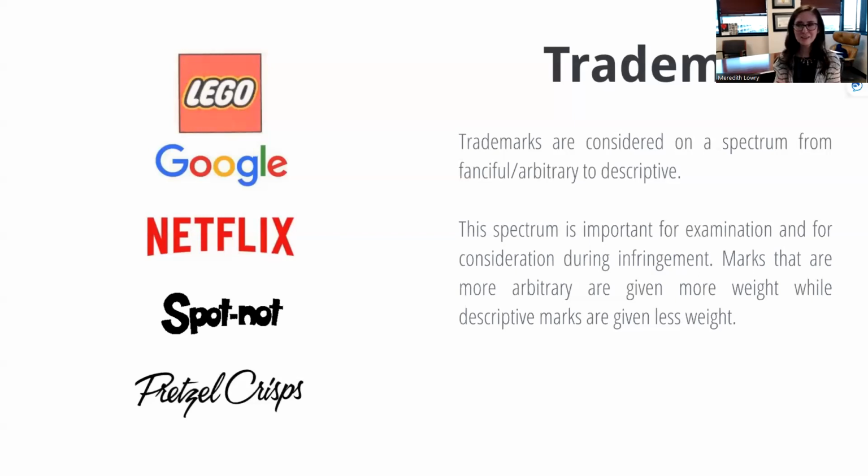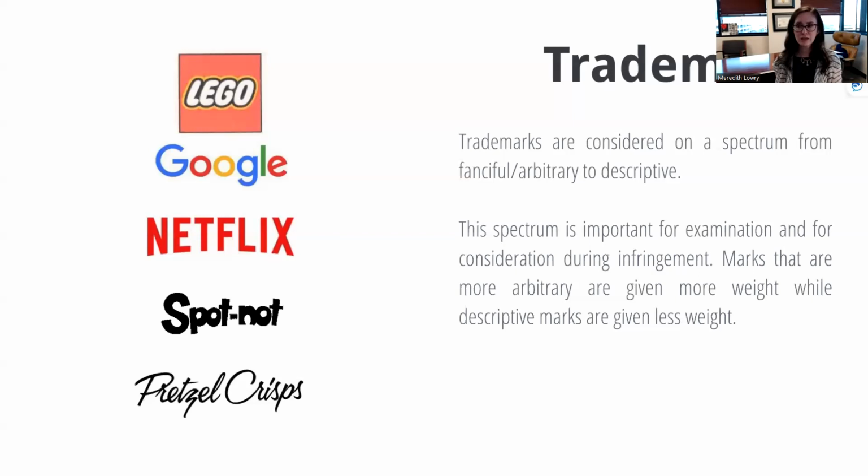But on the other side of things, it's harder to get the descriptive words through. Generic is impossible. The trademark office is going to refuse it. But with the descriptive terms, sometimes the trademark office says, yeah, that's really pushing it. Other people should get to describe their products in such a way.